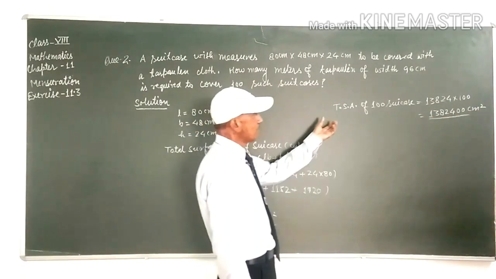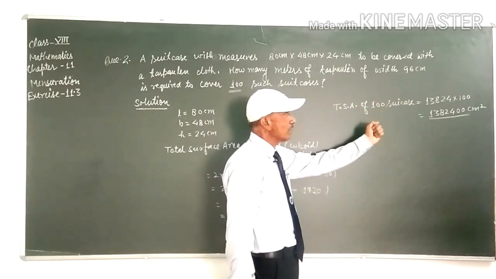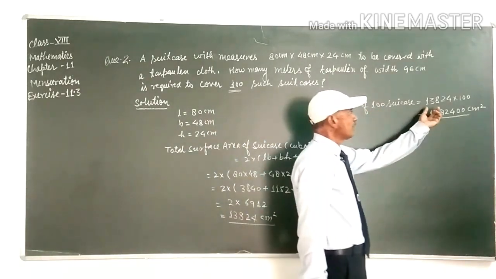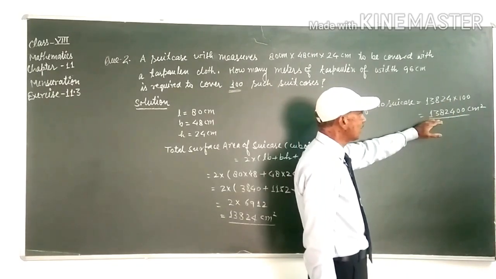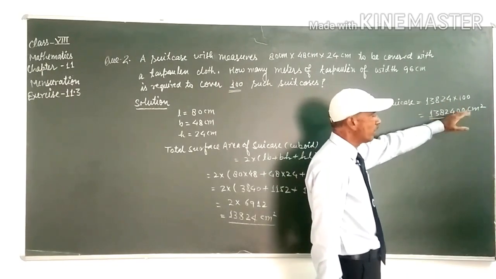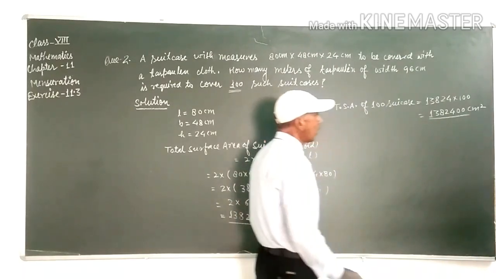So total surface area of 100 suitcases is 13,82,400 centimeter square.